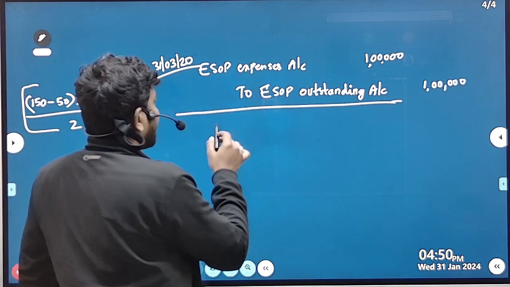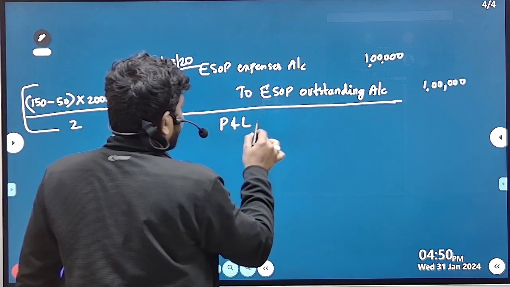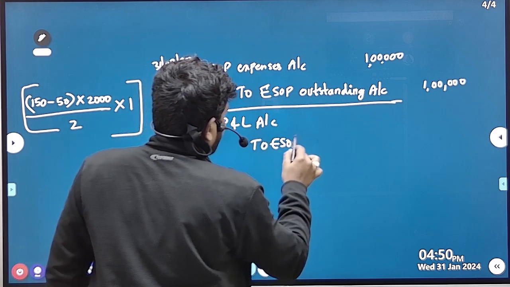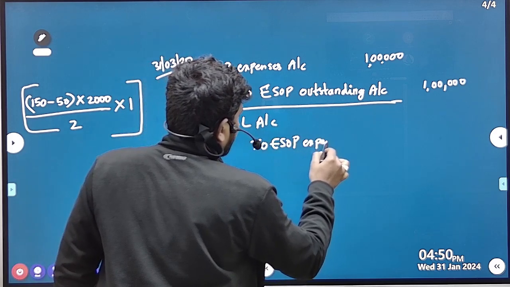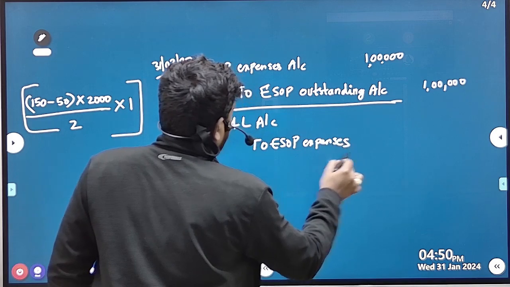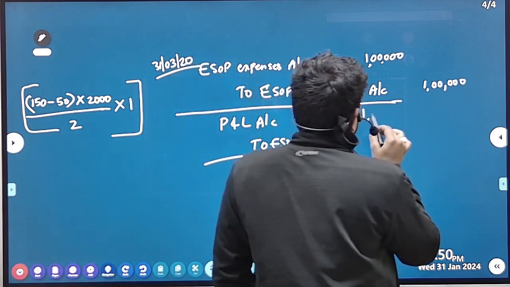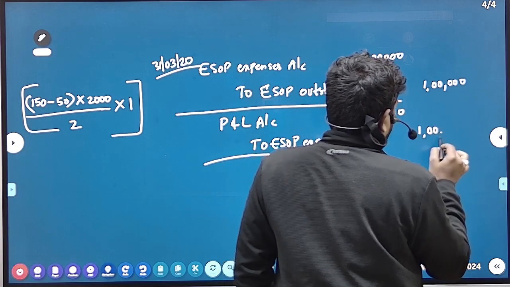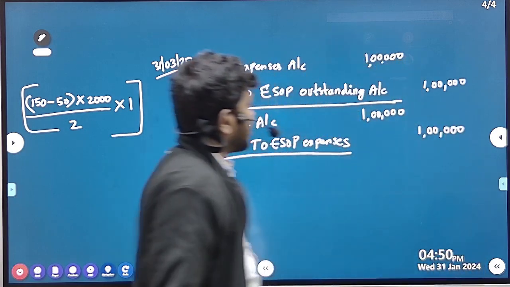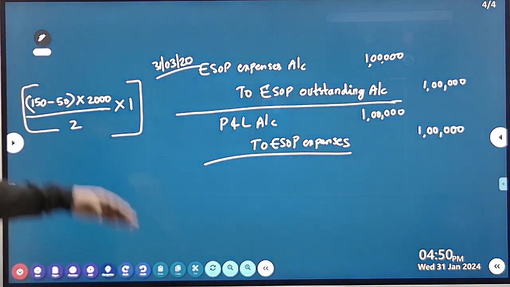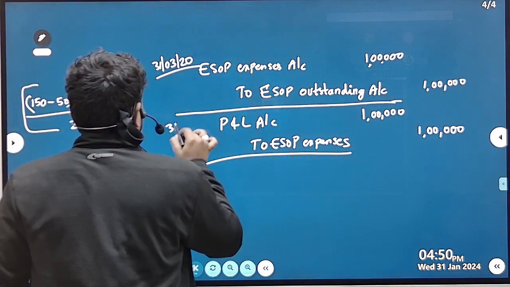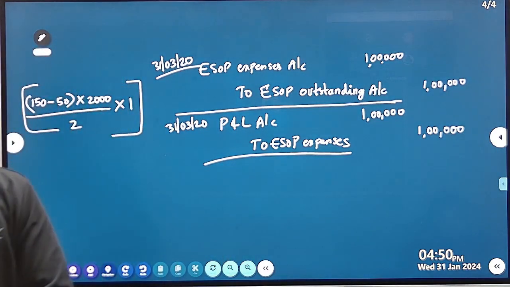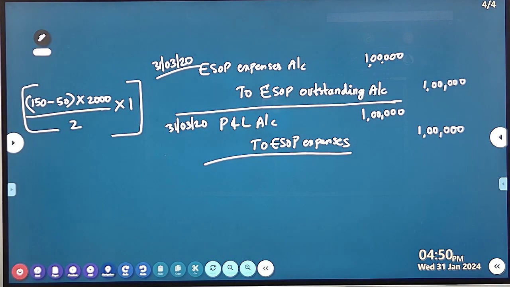It goes to P&L account. So P&L account will be debited to ESOP expenses account. How much? 1 lakh. Clear? This is the first year, 31st March 20. Clear?